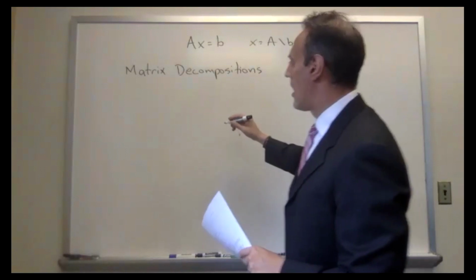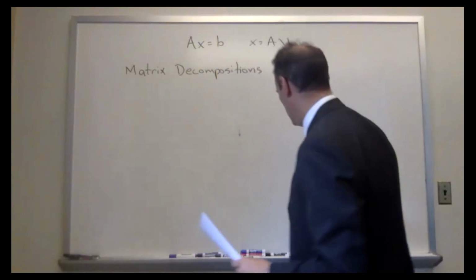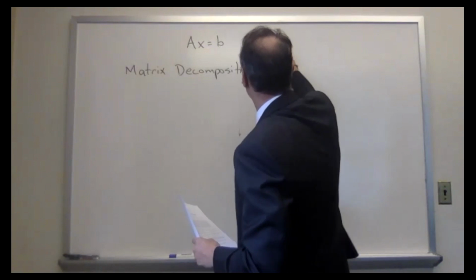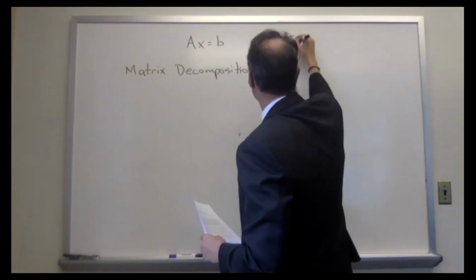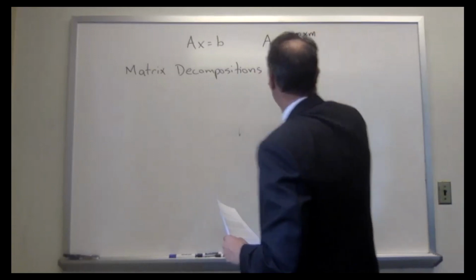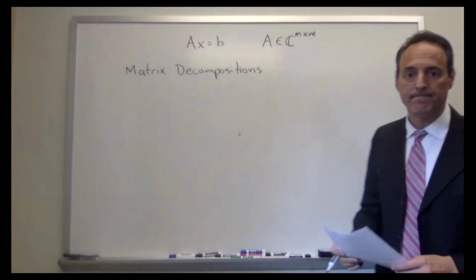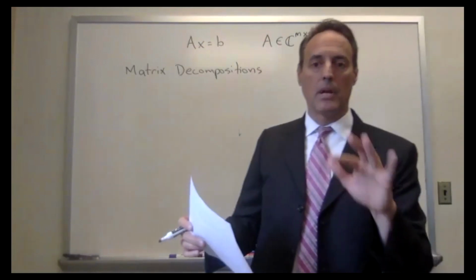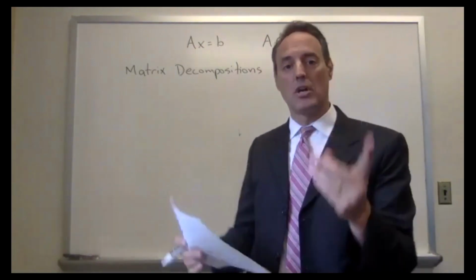Initially, let's start off with matrices A, and they can be complex numbers, that are square matrices. We're going to relax this in a bit. We're going to have to talk about what it means to have a non-square matrix.